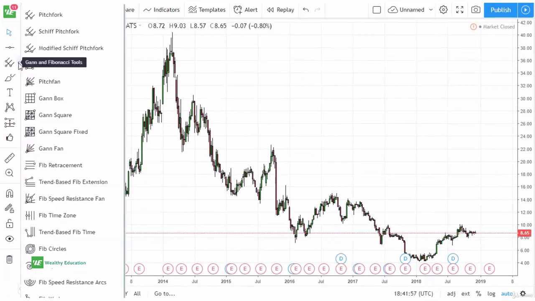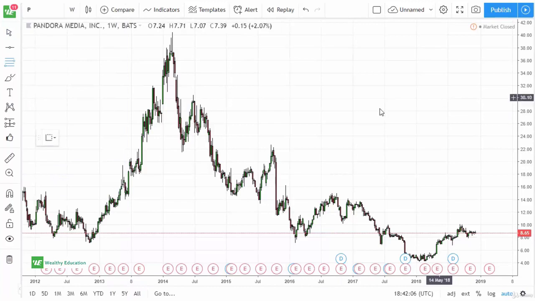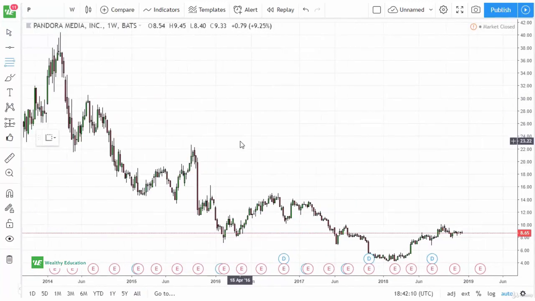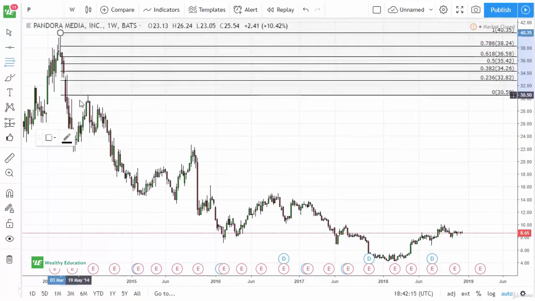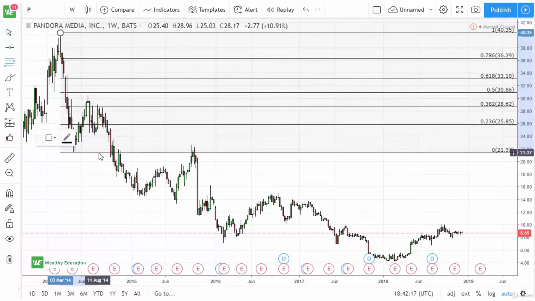So clicking on the Gann and Fibonacci tools submenu, you can pull up a fib retracement. A fib retracement is simply a ratio of distance that a trade goes before it runs into a particular resistance barrier.